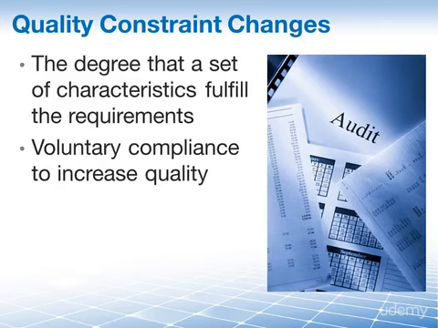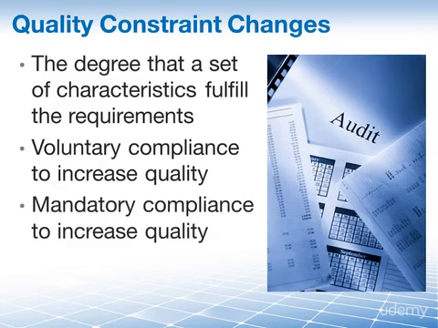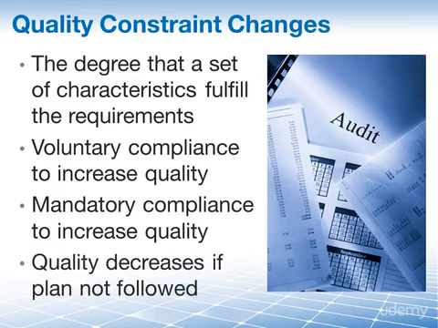An increase in quality may also be mandated by external legal or regulatory organizations that you must follow. In addition, there may be an inadvertent decrease in quality if the procedures outlined in the quality management plan are not followed and the level of defects delivered to the customer is increased.